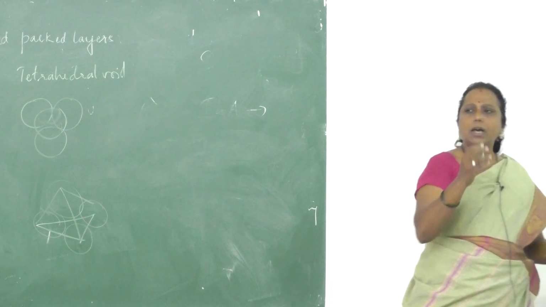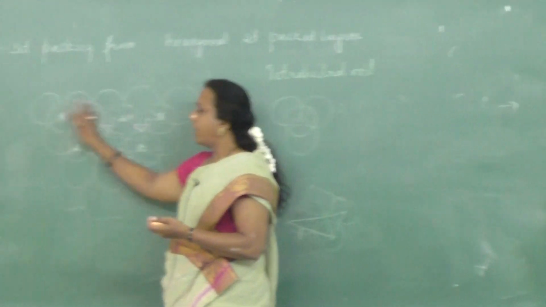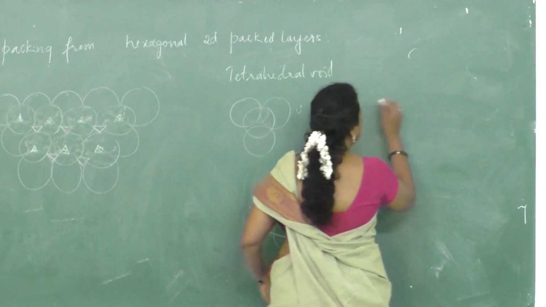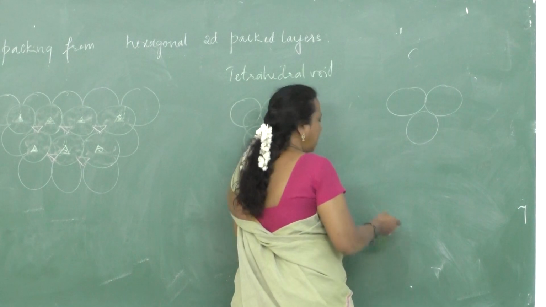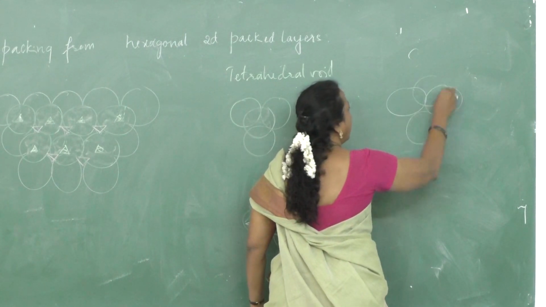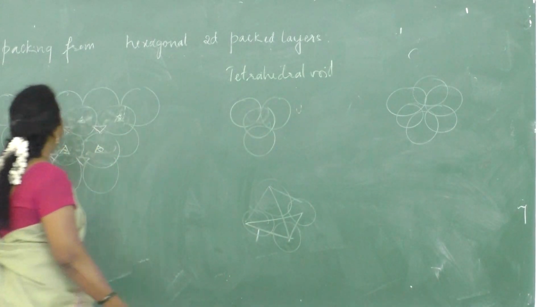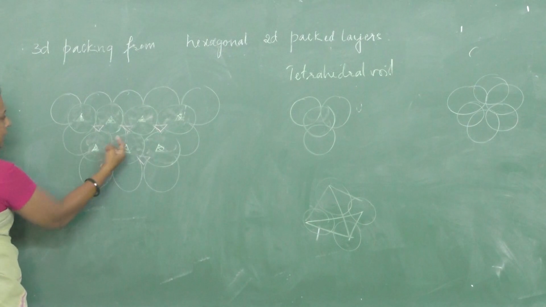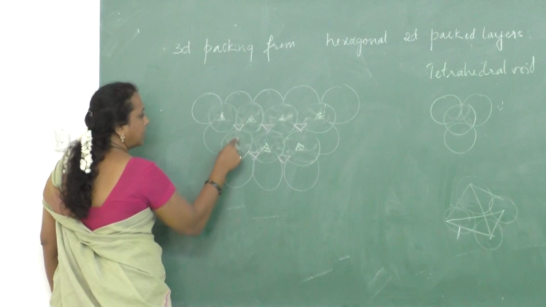Okay, there is one more kind of void produced by the second layer development, and I will show you that. It is here. Three spheres are on one plane. Like this, these are the three spheres, one, two, and at the back side three, over which three spheres are there.